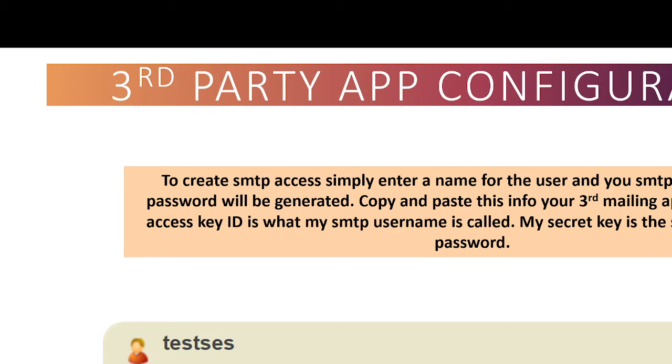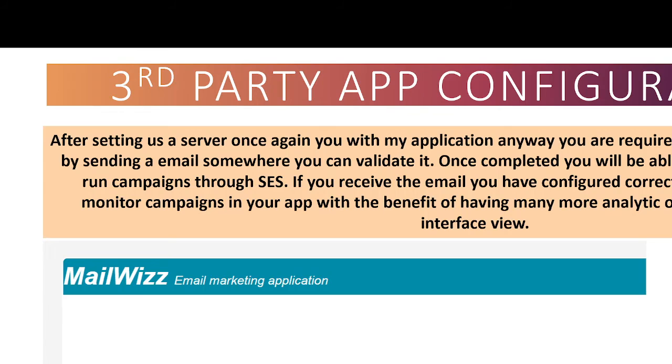In my app, my access key ID is what my SMTP username is called. My secret key is the same as my SMTP password. I can do that in here.